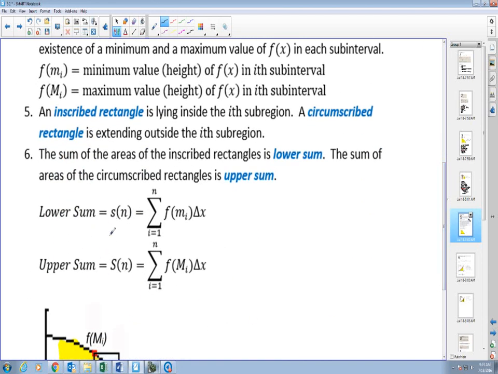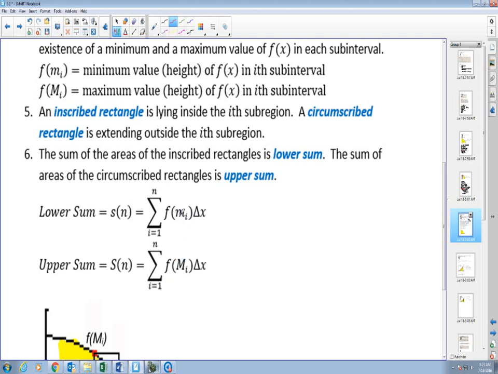Our lower sum can be written as lowercase s of n equal to the sum from i equals 1 through n of f of m sub i times delta x. We can find the minimum value of each rectangle. Each rectangle carries a minimum and a maximum.